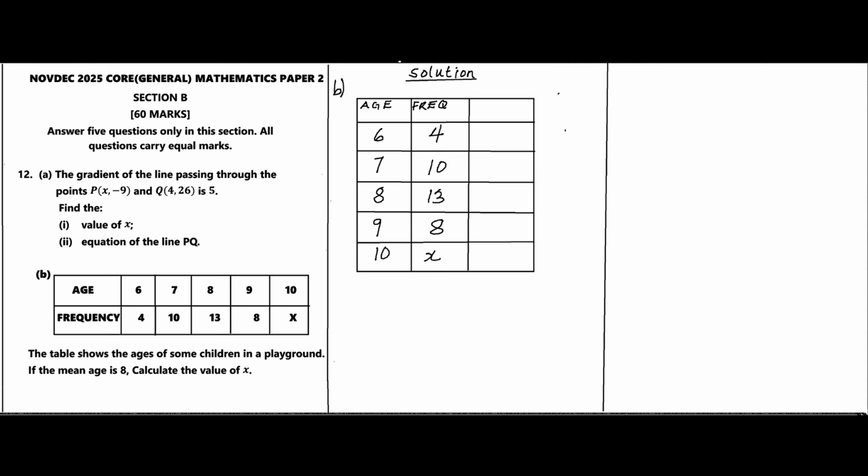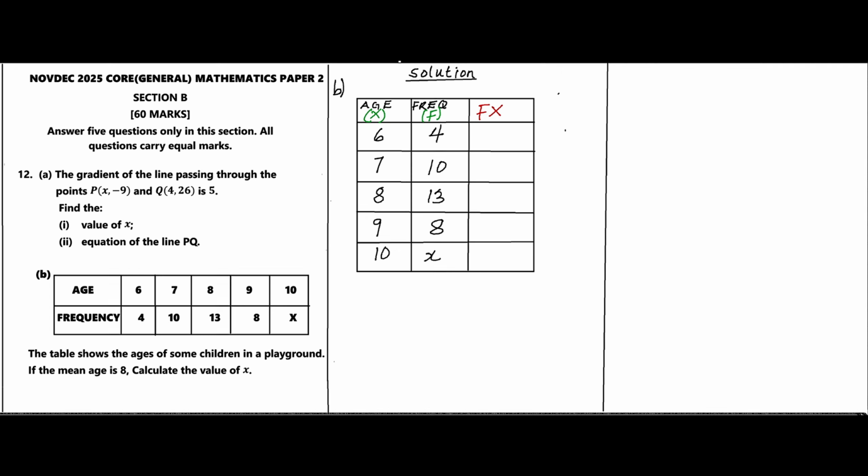So we are representing the age as capital X and the frequency as f. So all that we need is another column. I'm naming this column as fx, where fx means the age multiplied by the frequency.